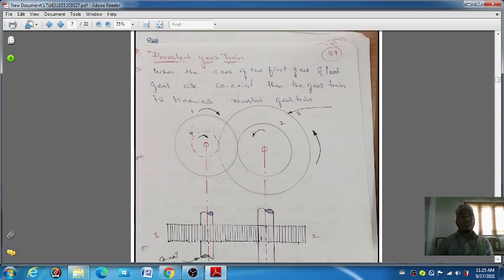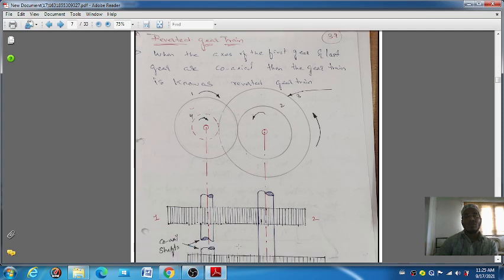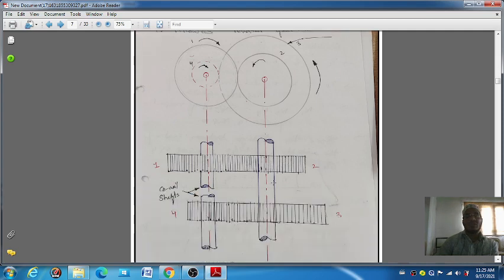In the reverted gear train, this is the diagram, and every time the diagram will look like this. Two different shafts are connected in parallel. The two gears are connected in parallel and they are meshing with each other. One shaft has two gears, that is a compound gear.